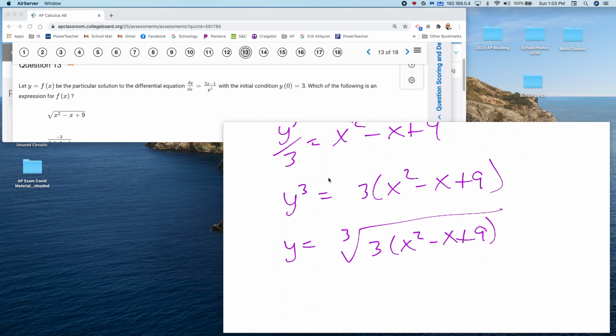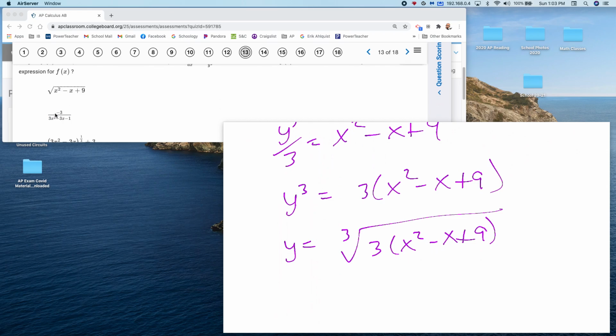And now you've got to kind of figure out what these are. This one's clearly missing. It's a square root, not a cube root. I don't know what that is. Here's a cube root, but they pulled this 3 out there. That concerns me because that's somebody who doesn't know order of operations. And this last one is clearly this, right?